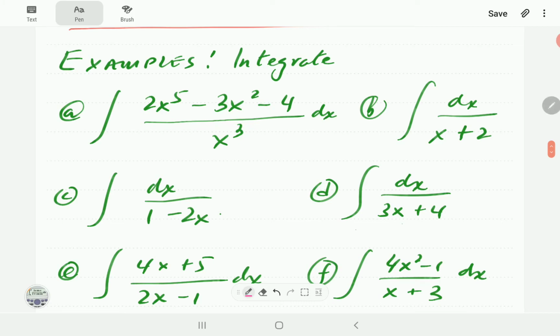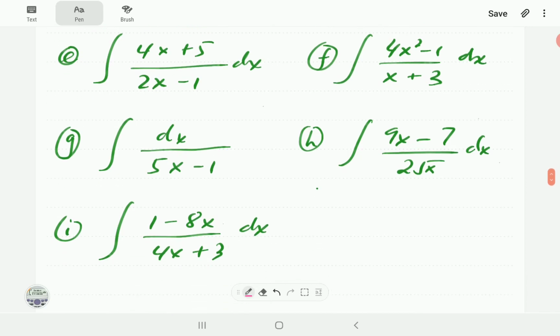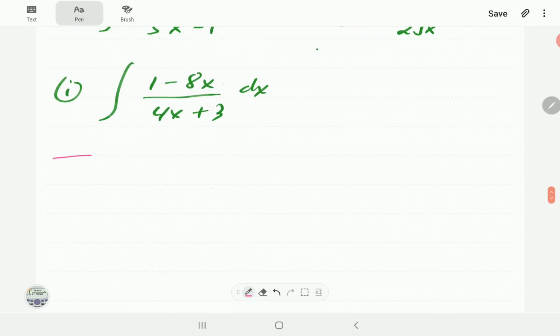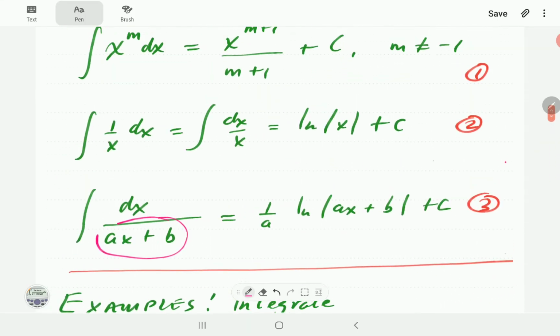In this first example, we notice that we have got a one-term denominator. So what we're going to do is just use the distributive property of division to simplify the expression first. So we've got the integral of 2x to the power 5 minus 3x squared minus 4, all divided by x cubed dx.